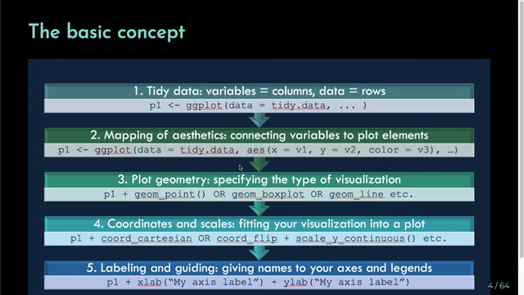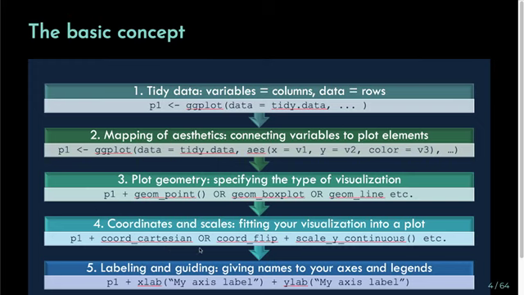And then we can specify other elements as well, and I'll show you exactly how to do that later. After that, we're plotting what's called the geometry, and that hides in these geom functions in ggplot, so geom_point or geom_boxplot or geom_line. And that's really the type of visualization that we want our plot to be. After that, we can fiddle with the coordinates and the scales.